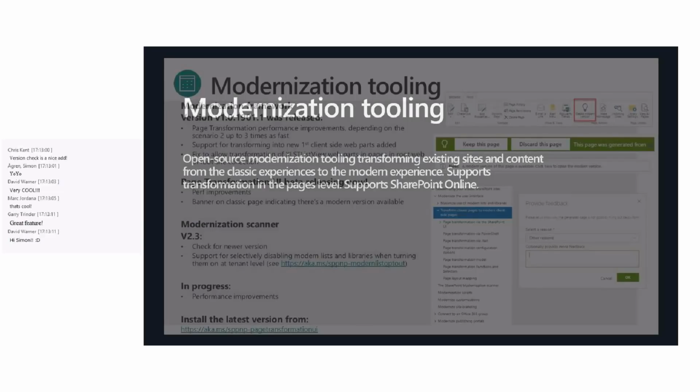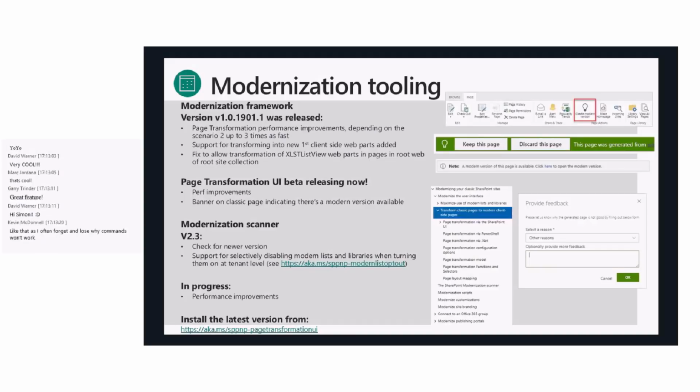You were releasing something new just 10 minutes before this call. Yes, actually I did. So the page transformation UI got a beta release. It's growing up, slowly moving towards the final release. The beta release has two main improvements. All the performance improvements that were put in the page transformation framework are now used by the transformation UI tool.